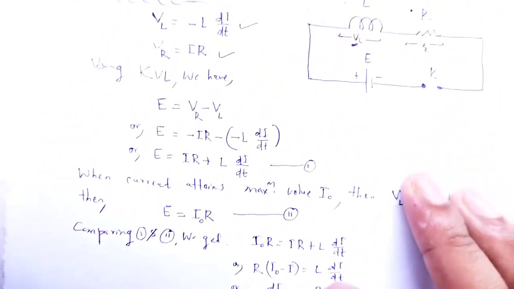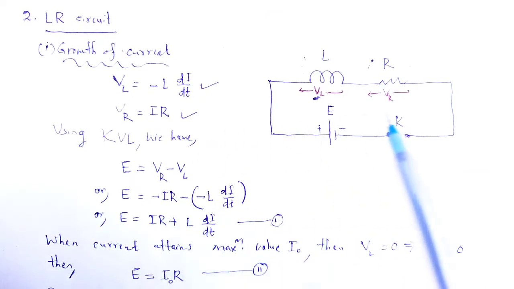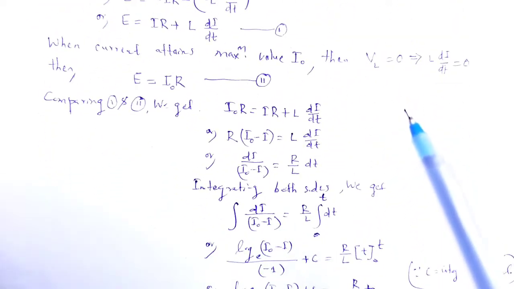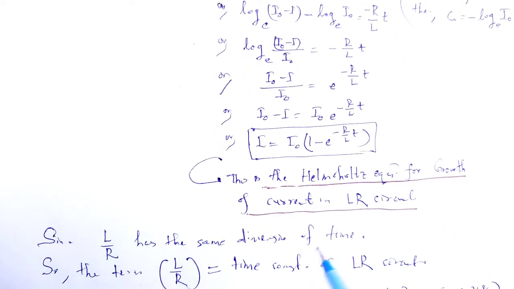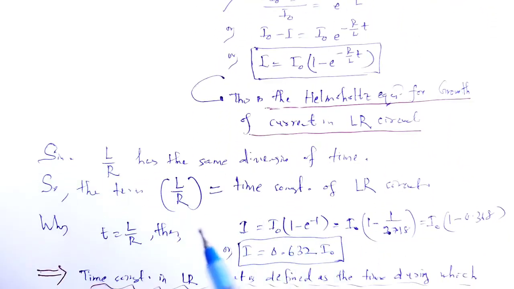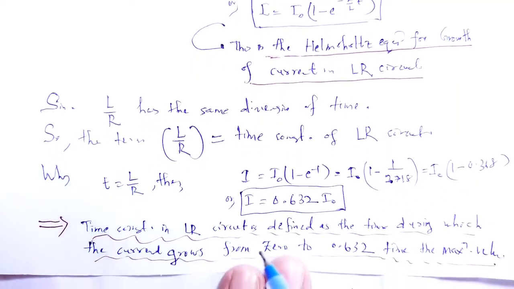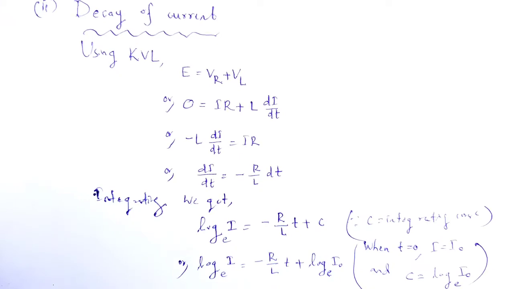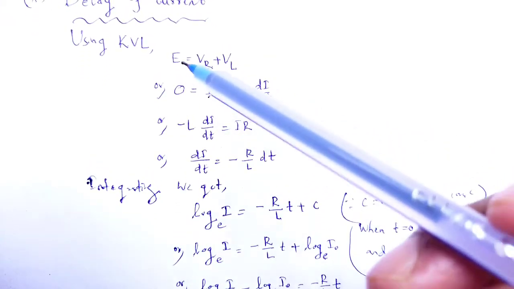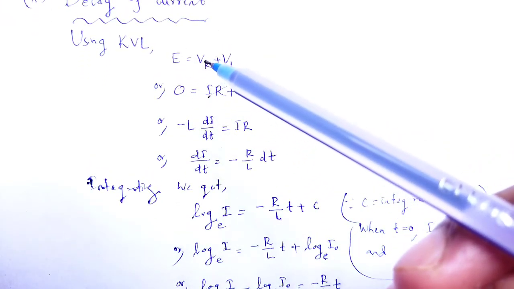In case of LR circuit, growth of current, Helmholtz equation of growth of current in LR circuit, defining the time constant of LR circuit. Then decay of current in LR circuit. Here we use KVL as E is equal to 0.